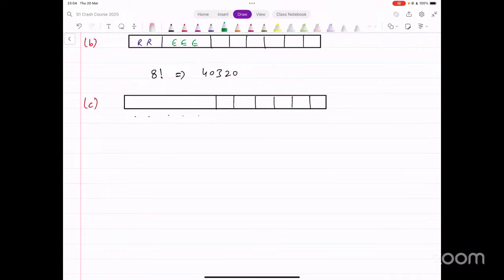In this big box, we need to have the 2 R's on both sides, and then in the middle you've got 3 letters. That's what it is going to look like. All right. Now, in how many ways can we arrange this given this condition? That's the question.